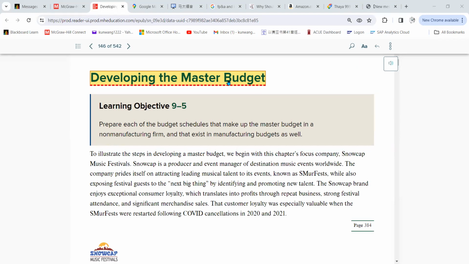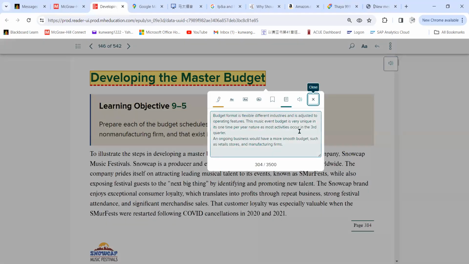For example, this one I use a highlight, and if you see the dotted line and click on it, I made some instructor notes with additional explanation or something I want you to pay attention to.